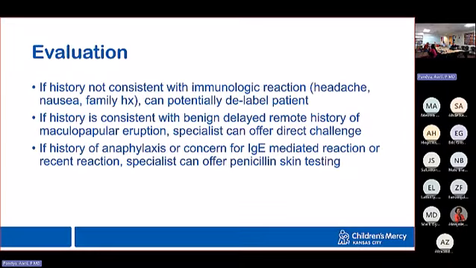So when we talk about evaluation, if the history is not consistent with an immunologic reaction, you can potentially delabel the patient. Again, check with what your institution is doing to make sure you're doing what's consistent with your institution as well as your allergy staff that you're talking to here, but that is an important measure that is advocated for even in our practice parameters.